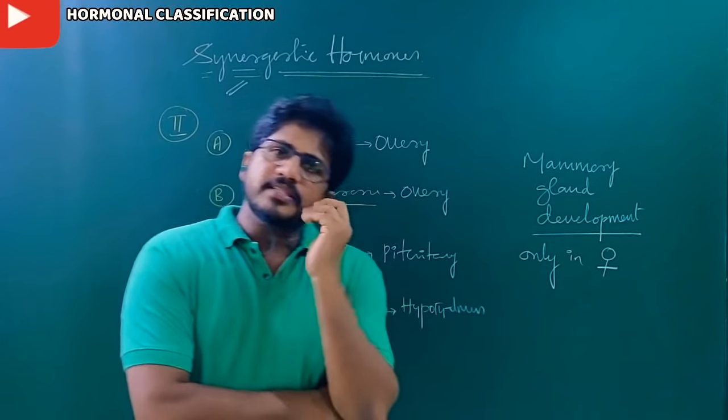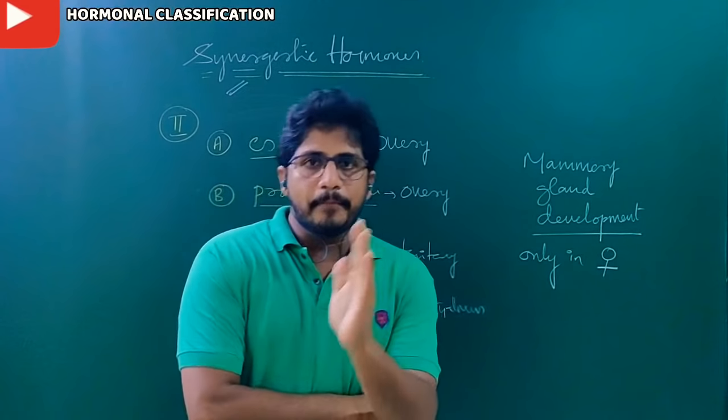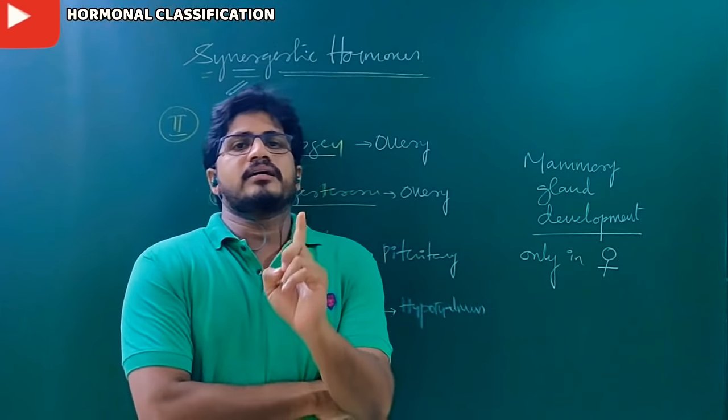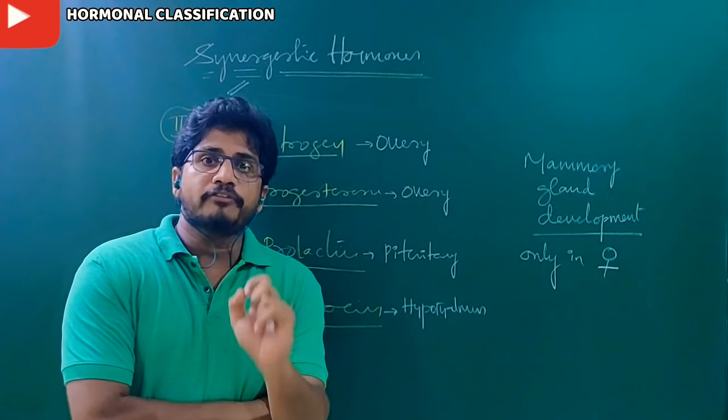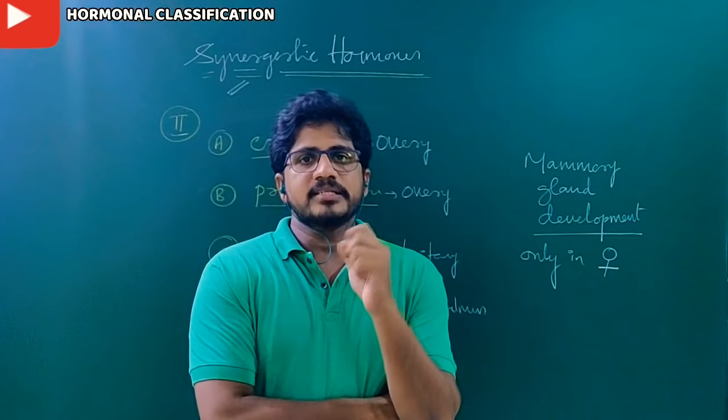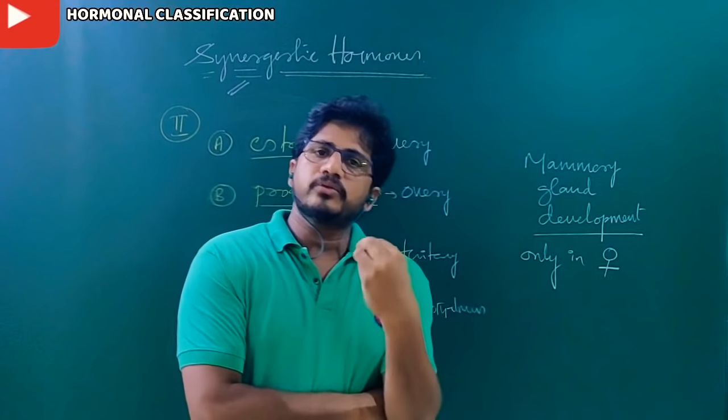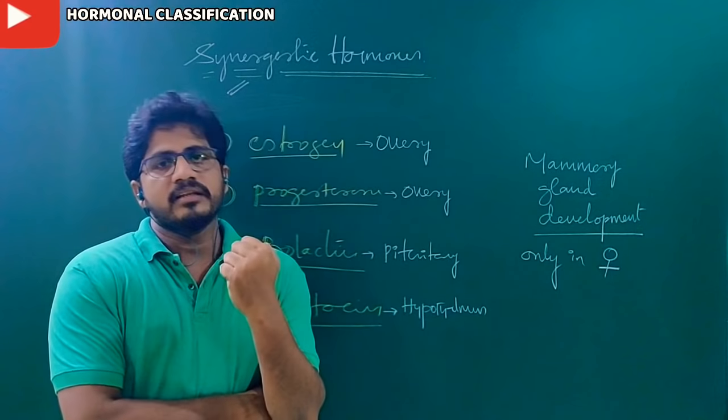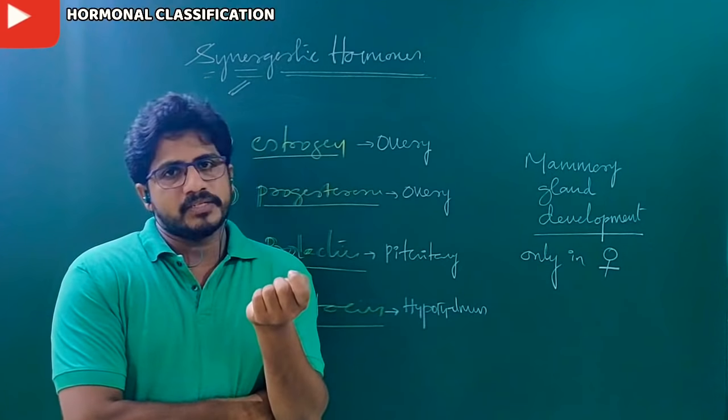These mammary glands are present in both males and females, but development occurs only in females after puberty. Puberty means reproductive age. When they attain it, only then does development take place.